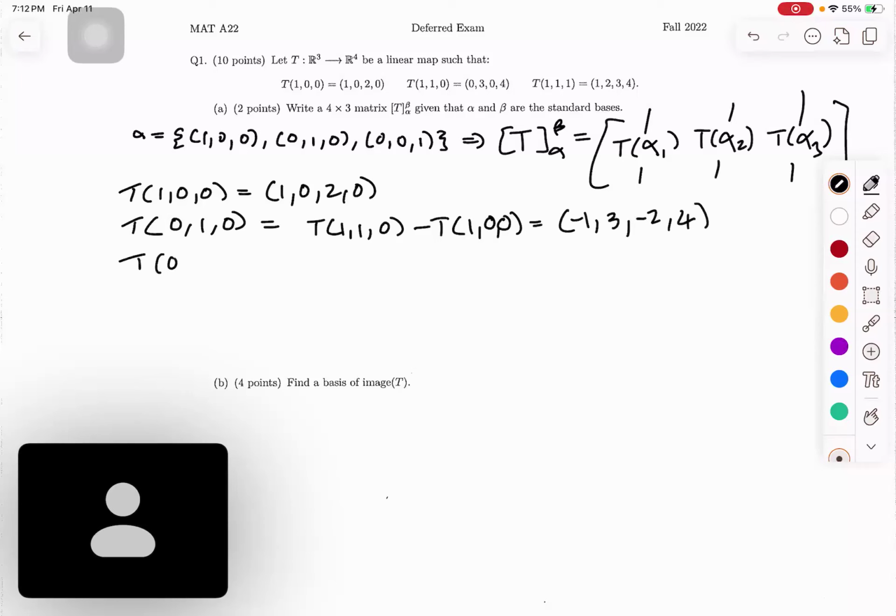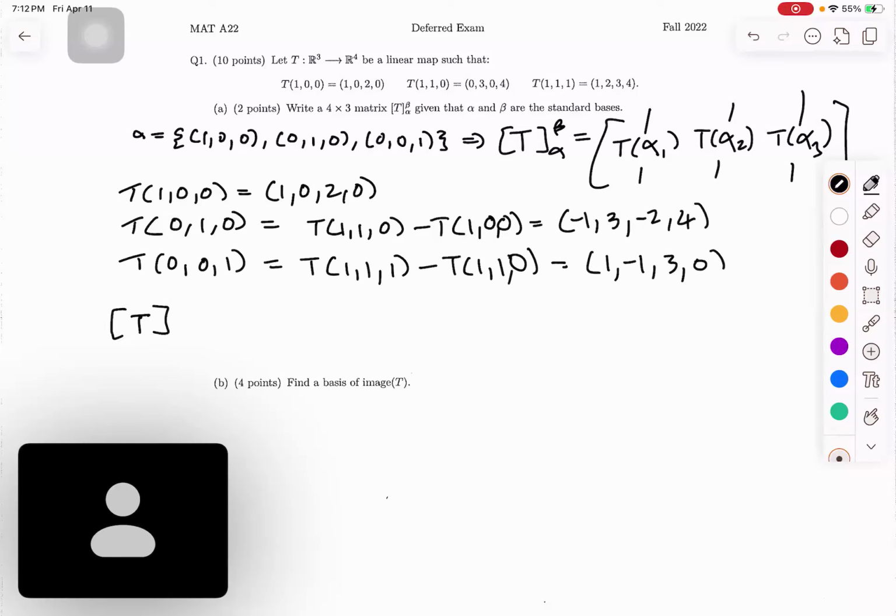Similarly, for T(0, 0, 1), we take T(1, 1, 1) and subtract T(1, 1, 0), and we get 1, -1, 3, 0. So our transformation matrix T from alpha to beta is equal to 1, 0, 2, 0, -1, 3, -2, 4, 1, -1, 3, 0.